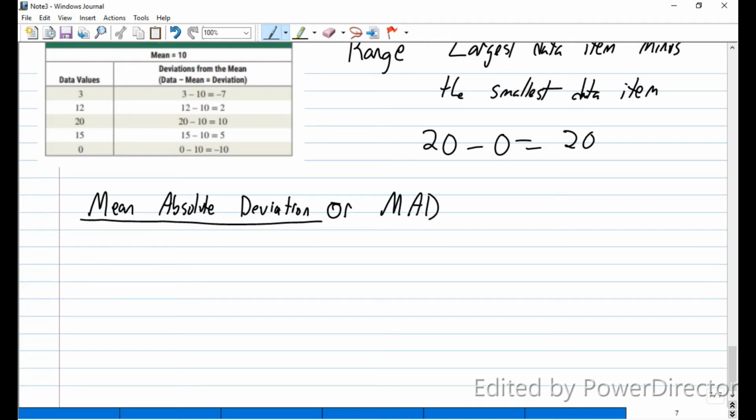Hopefully not, is equal to the summation of the absolute value of x sub i minus x bar, all over n. x sub i simply stands for any data item, and the summation means we do it for every data item.